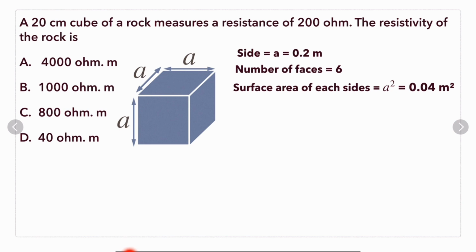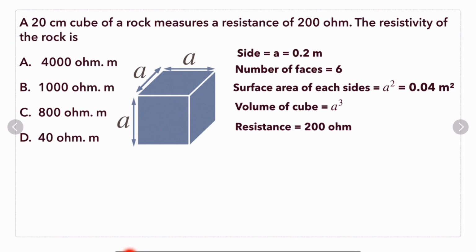If we consider this upper face, the length and width of this plane are A and A, so the area will be A into A, because this is a square, so the area will be A square. Next is the volume of the cube, so the entire volume of this cube will be A cube.